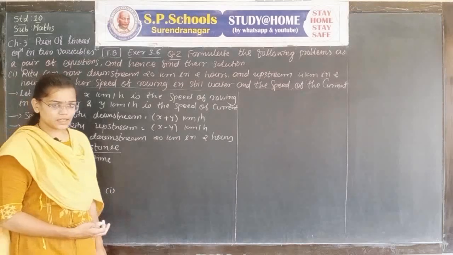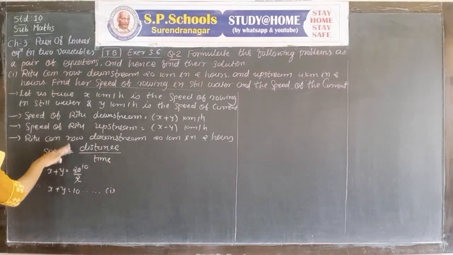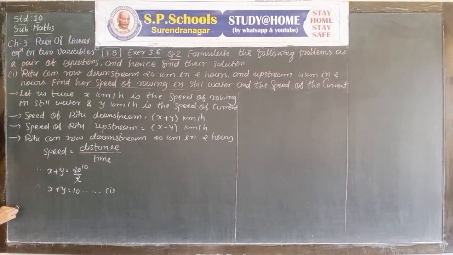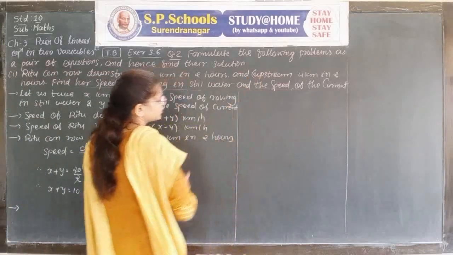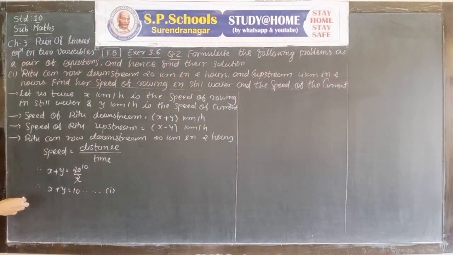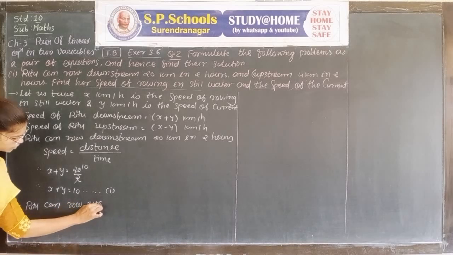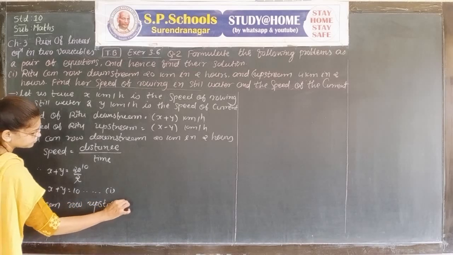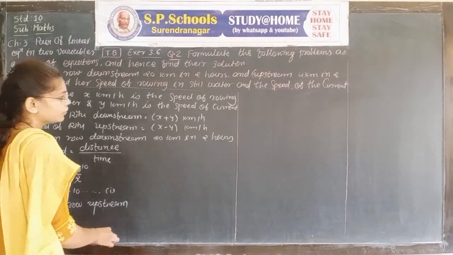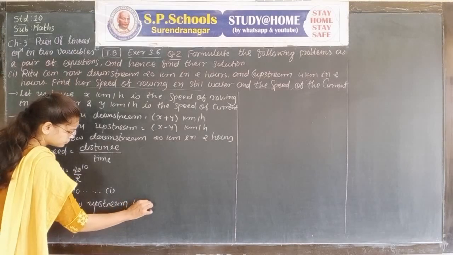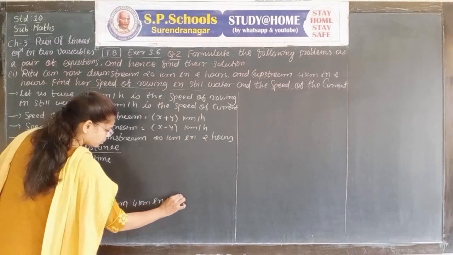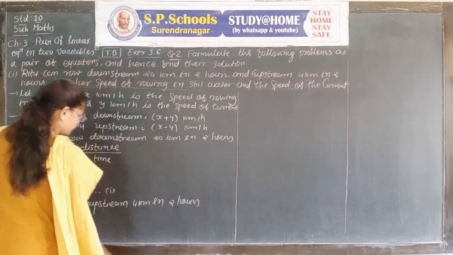To obtain the second equation, we take the same procedure. The second condition says upstream 4 km in 2 hours. Ritu can row upstream 4 km in 2 hours.